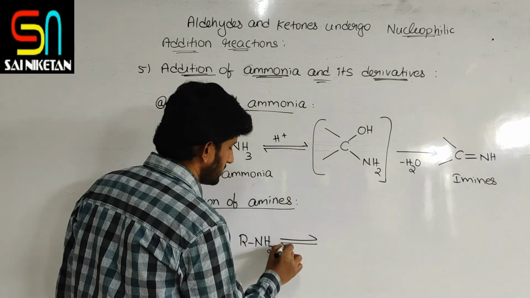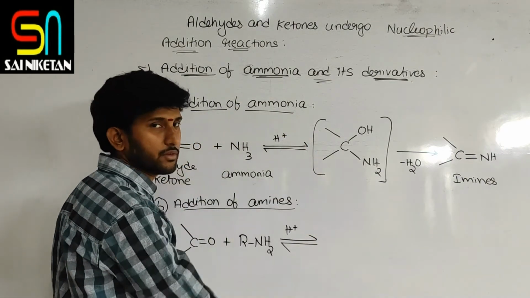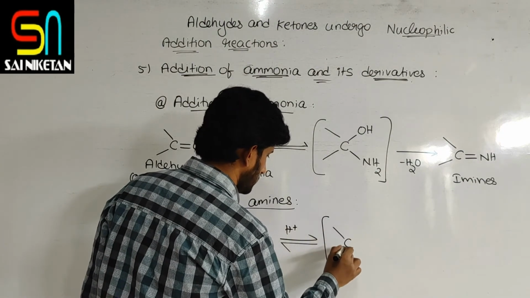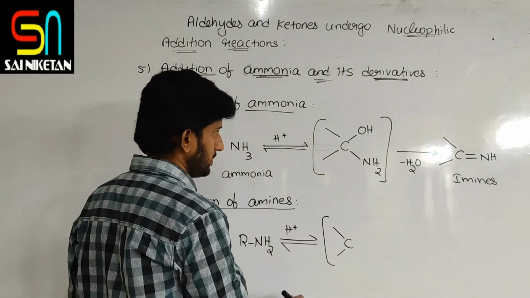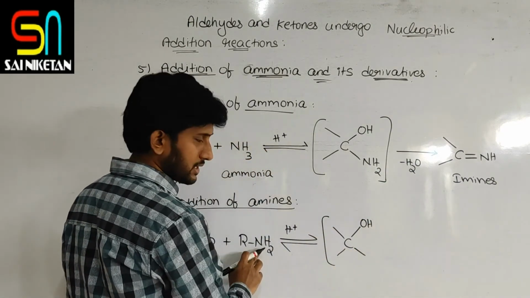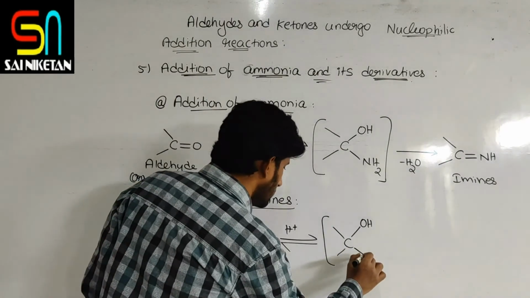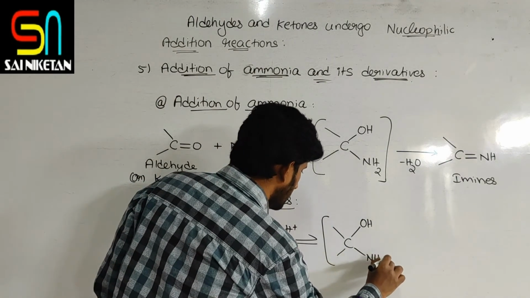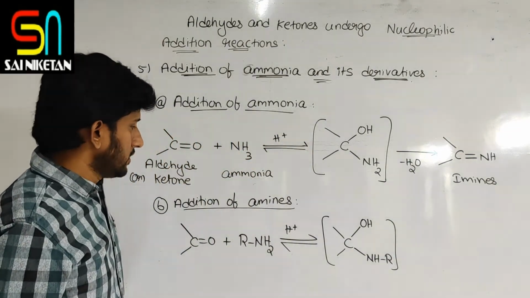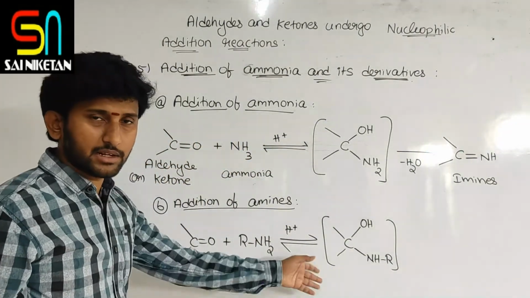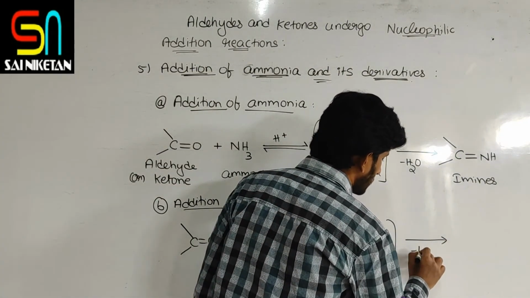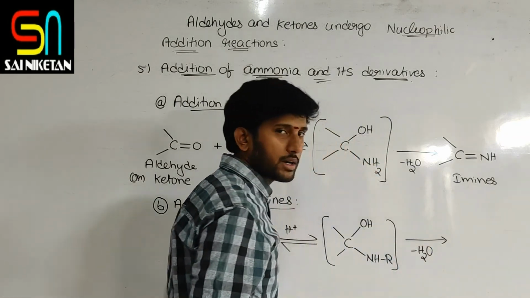So what will happen? Same like this, first intermediate will form. What is that? Carbon with 2 alkyl groups or hydrogen, and here one OH group, and here one NH will form bond here. So this nitrogen will form the bond with the alkyl group. So this type of intermediate, N-alkyl intermediates are obtained. And this intermediate again same like this, it will undergo elimination, dehydration, water is eliminated.